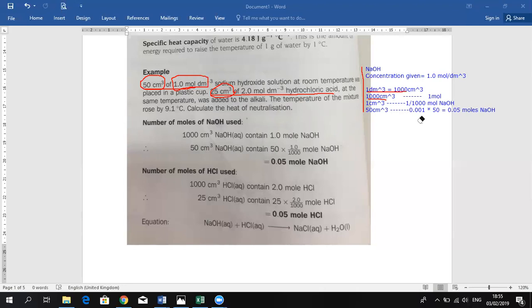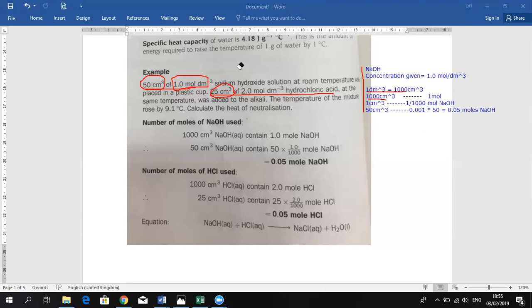And that's always out of 1,000 centimeters cube. So if I say there's 1 mole per dm cube, that means in every 1,000 centimeters cube, there's 1 mole of sodium hydroxide. But the concentration is going to change if I reduce the volume. So that's why I have to work out what is the amount of sodium hydroxide in 50 centimeters cube of the solution.